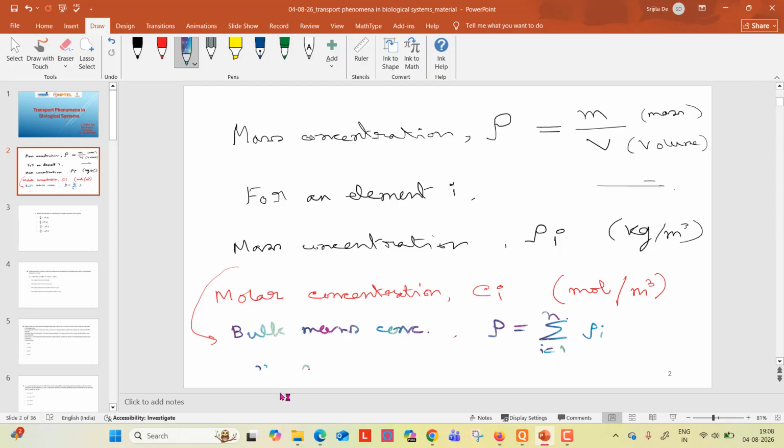And bulk molar concentration will be similarly C equals summation of Ci, i varying from 1 to n, right? It is the basic definition.